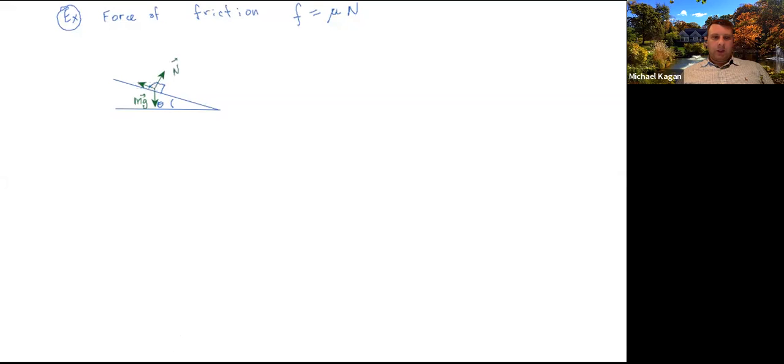This ramp, you can change the angle. Okay, you can lift the ramp until the block slides. So you capture the moment when it starts barely sliding. Okay. So this is the setup: increase theta until the block slides, like barely slides.